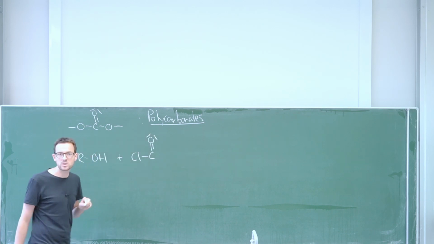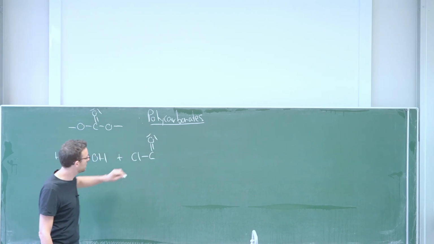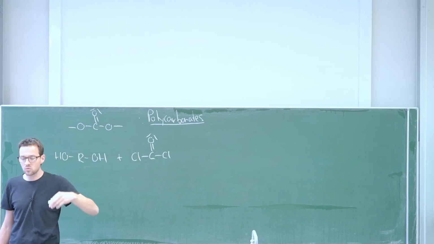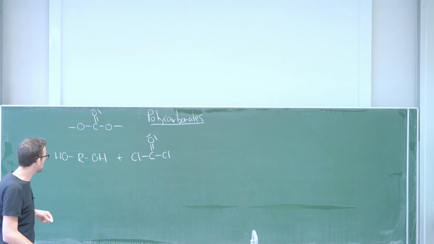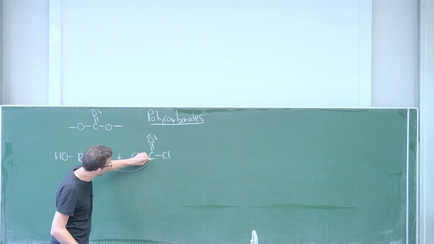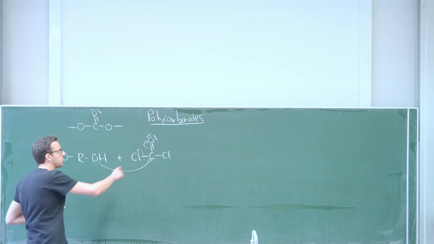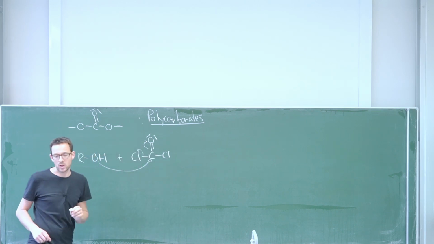This would make the first ester, and then we need to create a second ester. And now we do exactly the same chemistry as before. Now this attacks, this group goes out, this will be kicked out, and then we do exactly the same thing on the other side as well.